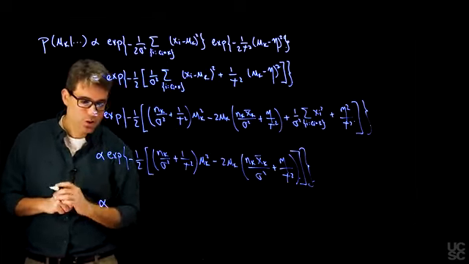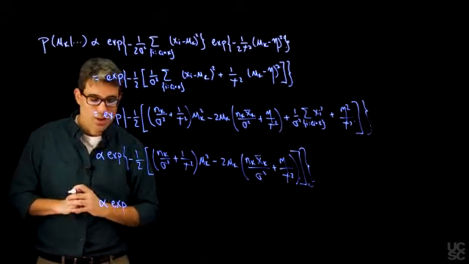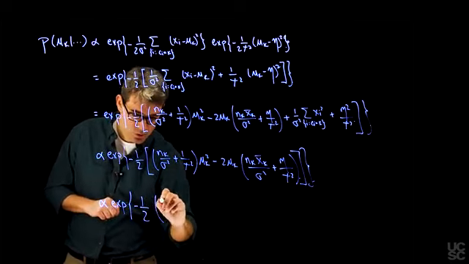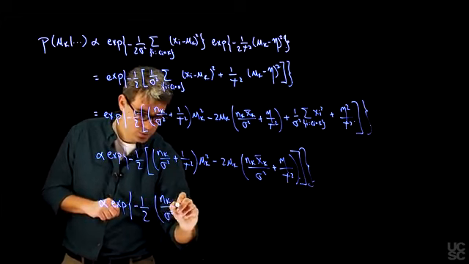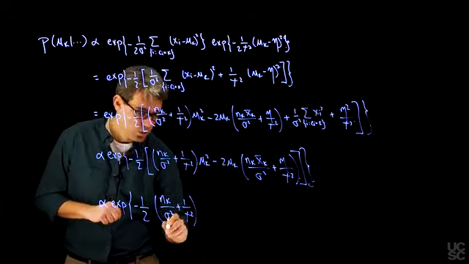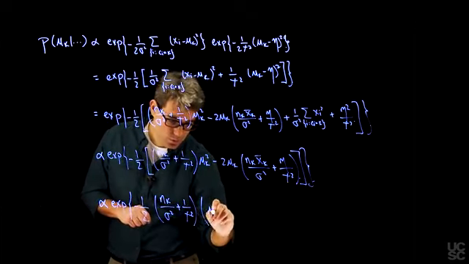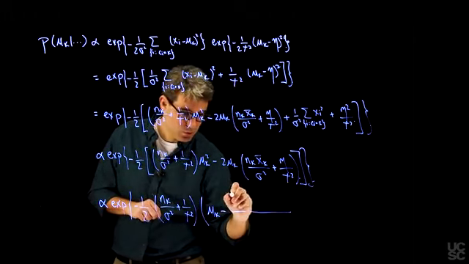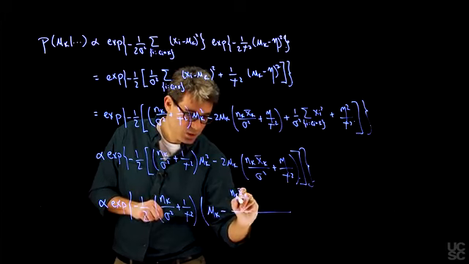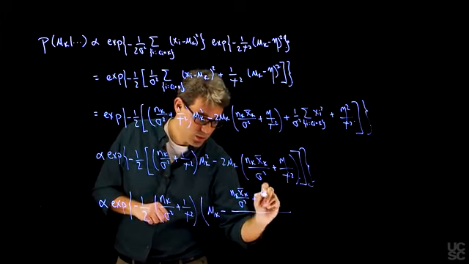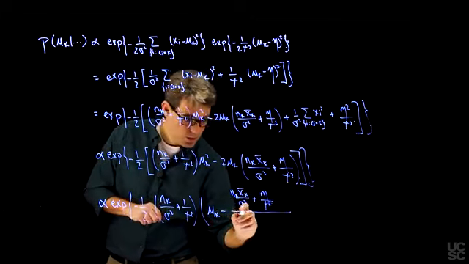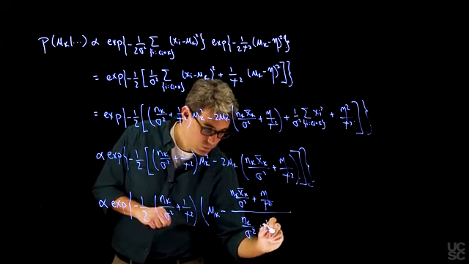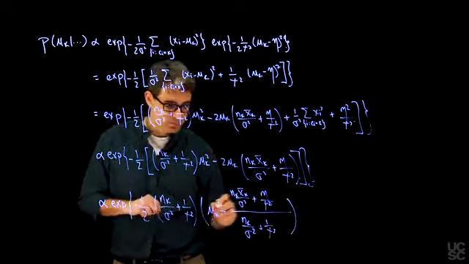If you do that calculation carefully on your own, you will find that this is in turn proportional to minus 1/2 n sub k over sigma squared plus 1 over tau squared that multiplies mu sub k minus, in the numerator, n sub k x bar sub k divided by sigma squared plus eta divided by tau squared, and in the denominator, n sub k over sigma squared plus 1 over tau squared.